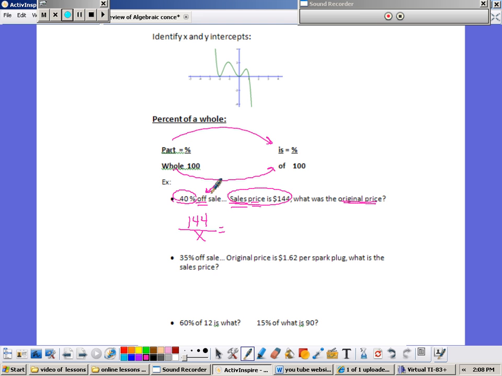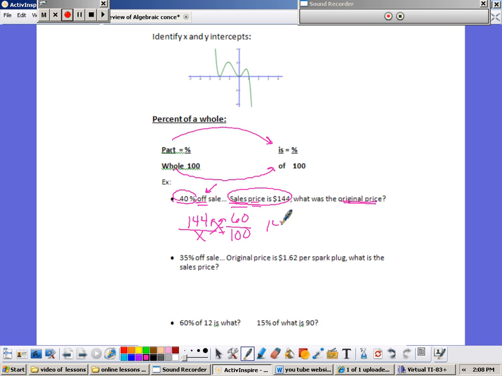You have to figure the percent you paid for to go with the 144. Everything starts at 100%. If you've got 40% off, it means you paid for 60%. I have to use 60. I cannot use 40. Remember, paid, paid, off, off.